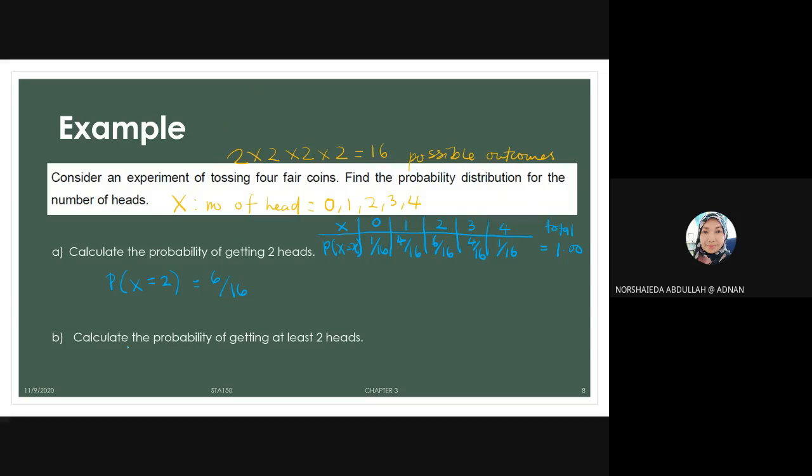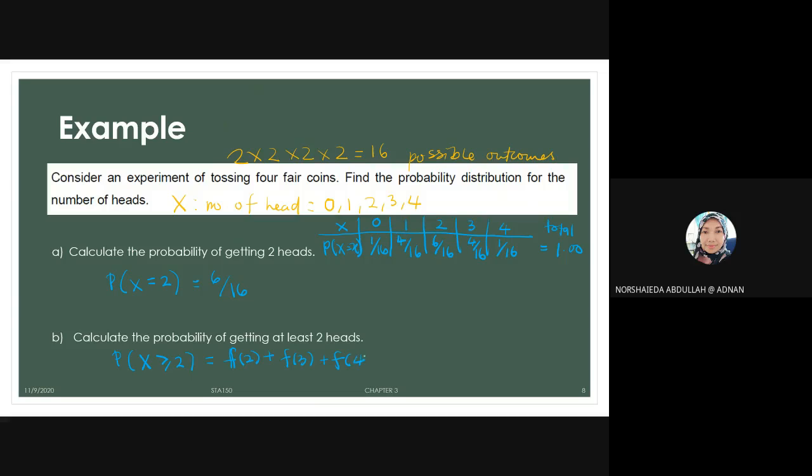Right, question B, calculate the probability of getting at least 2 heads. Okay, so at least, how is the notation? So the probability that the number of heads is at least 2. At least means greater than and equal to 2. So greater than and equal to 2 means f(2) plus f(3) plus f(4).